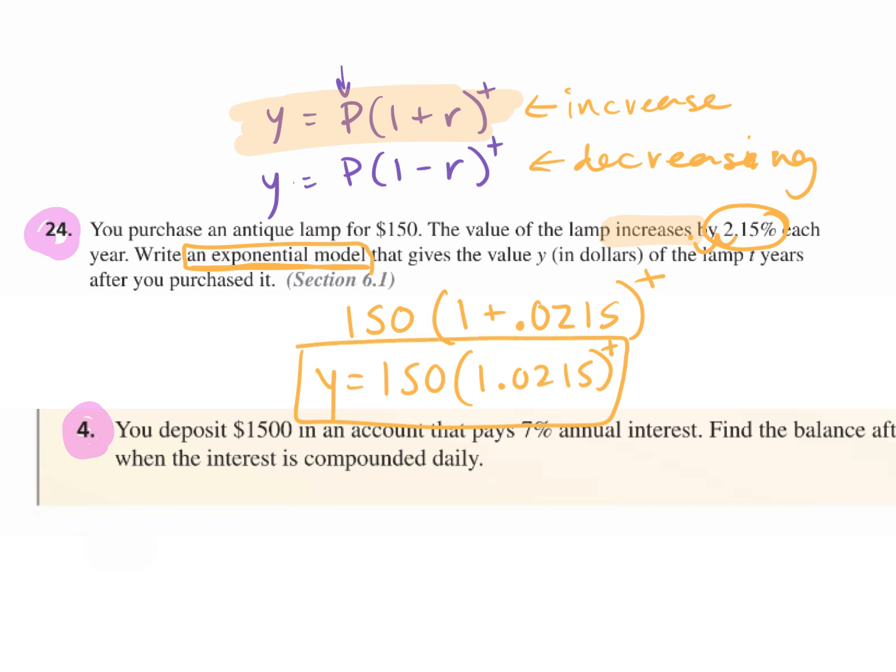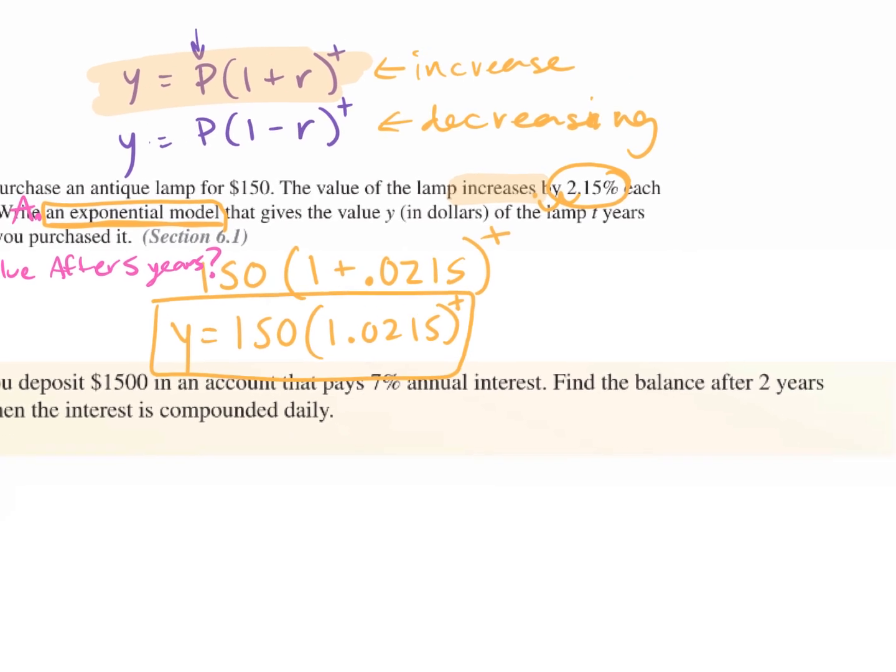So this question could have like a part B. So like this was A, to write a model. Part B might say, find the value of the lamp after 5 years. So how would I find the value of the lamp after 5 years? Put 5 in the t. So I have 150 times 1.0215 to the power of 5.